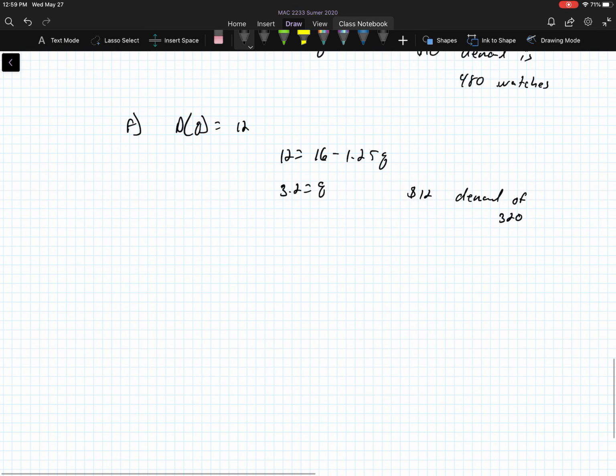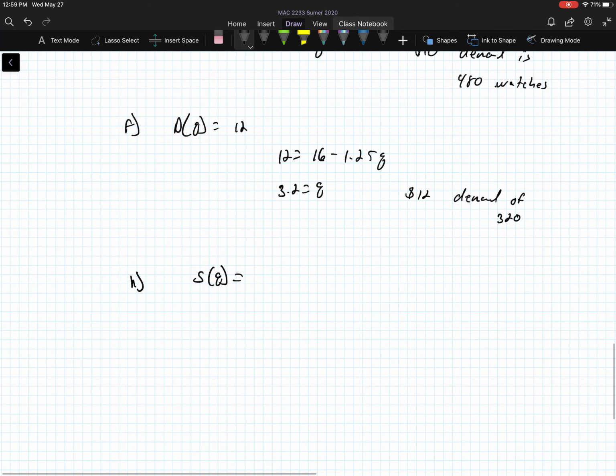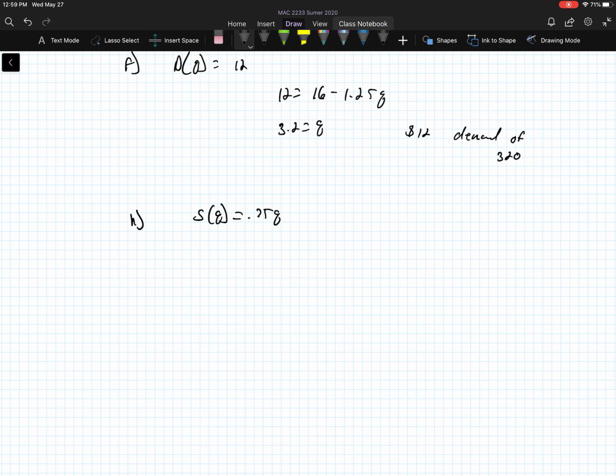Now I'm going to skip G. I'm going to jump over to H. And H is telling us the following, right? H is saying that the supply function is equal to 0.75 Q. So 0.75 Q. Supply function is 0.75 Q. So H is asking us to find when S of Q is equal to 0, right?